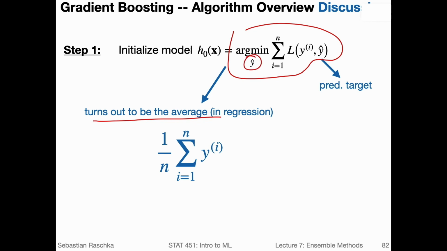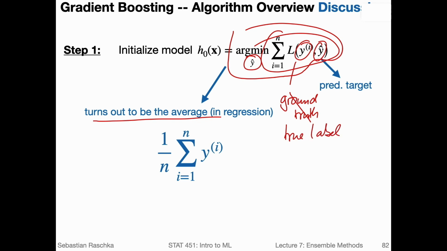We find the prediction that minimizes the loss for all the training examples at that given node, where y hat is the predicted target, and this is the ground truth target, or just the true label. So the loss is minimized if we just compute the average in the case of the sum squared error.